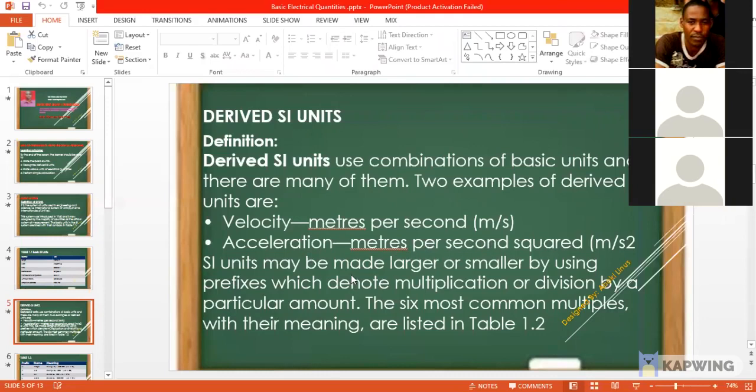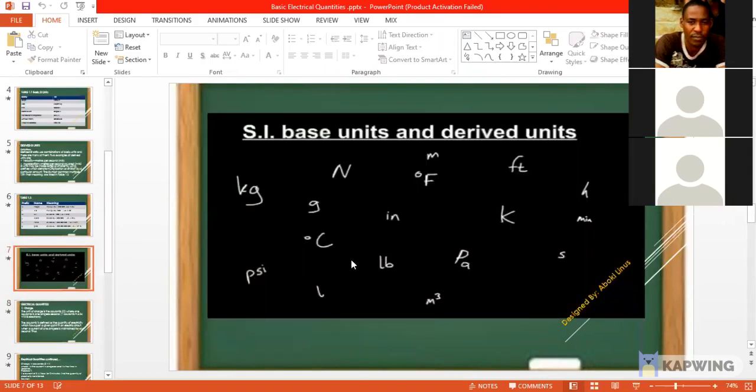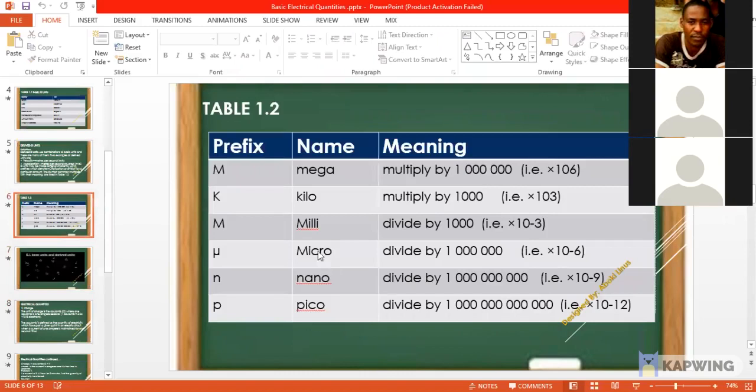This SI unit may be as large or as small with the given prefixes, which I've indicated in the table below. When we speak of mega, it means 1 million, that is 10 raised to power 6. We also have kilo, which means 1,000.